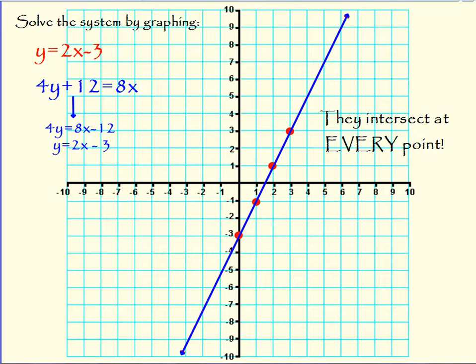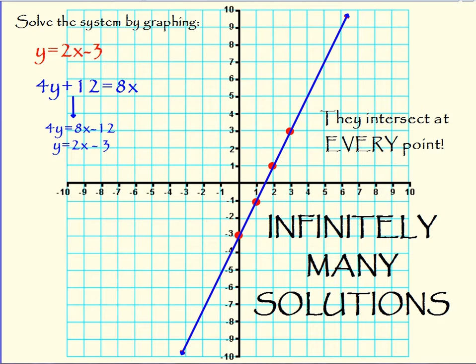Well, if that's the case, in situations like this, we have infinitely many solutions. There's no way that I can sit down and list all the points where they meet. So on my paper as my answer, I would actually write infinitely many solutions. Sometimes you'll just see infinite solutions, but it's more accurate to say infinitely many solutions.